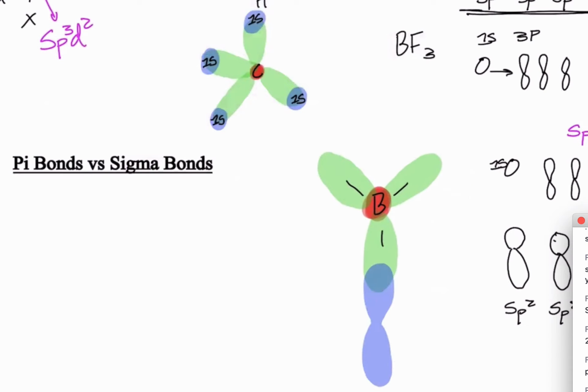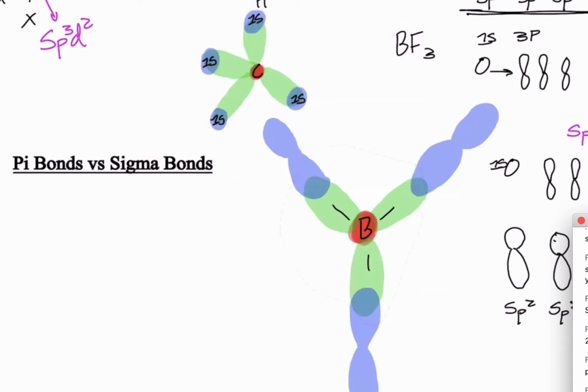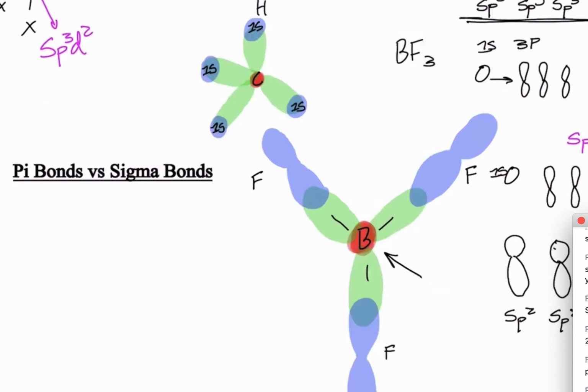Let me scoot that over. Okay, so those are the fluorine 2p orbitals that bond with the sp2 hybridized orbitals on the central atom.